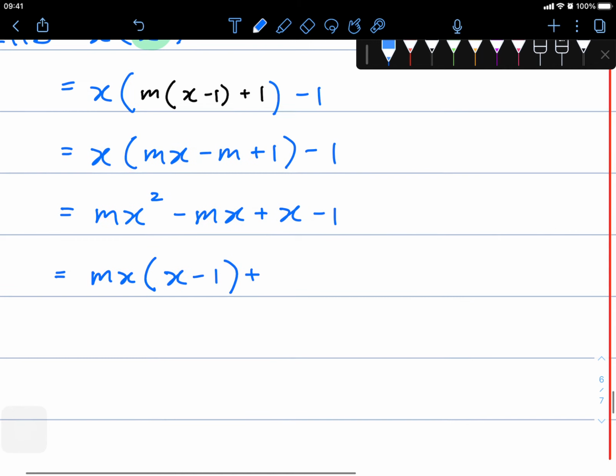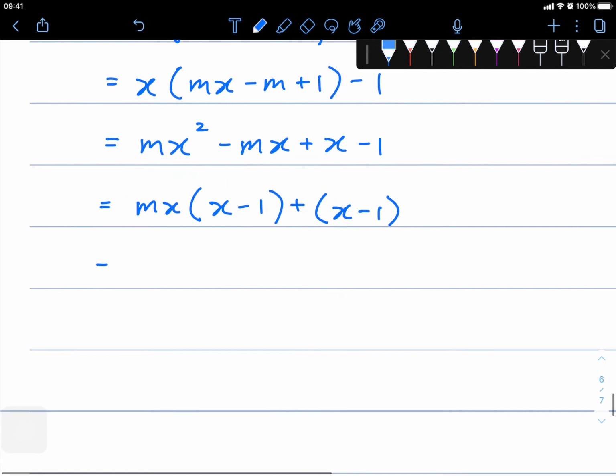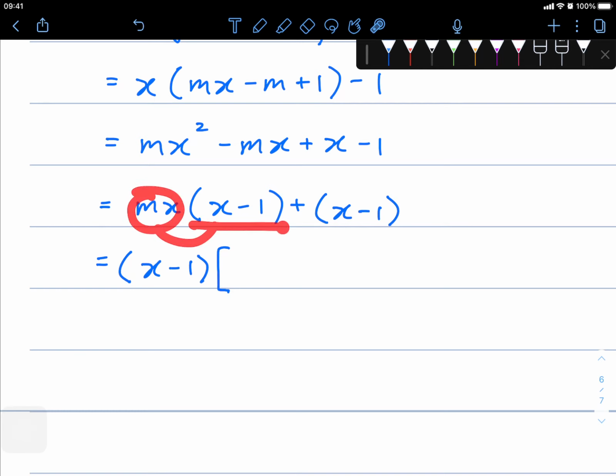Plus, if we take a look, these two terms look just like this. So if we group them like this, we can factor out the entire group. So it's going to be x minus 1 outside of mx times x minus 1, so we're left with mx plus 1.